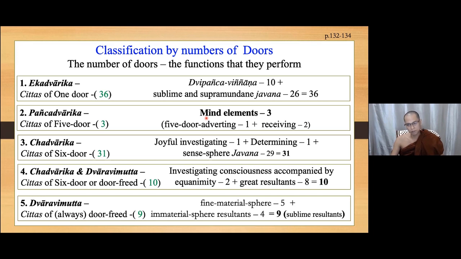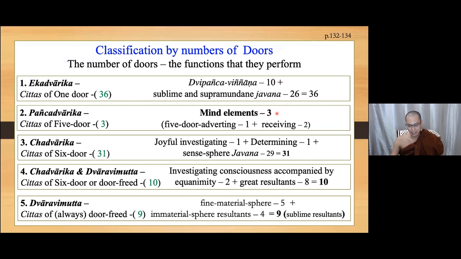Through the arising, we can also count the 13 consciousness that arise only in 5 doors. You see those 2 groups, the first and second: Dvipancavinnana 10 and mind element 3.